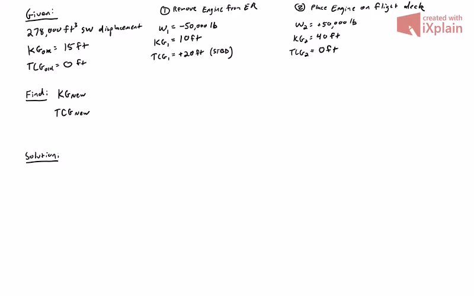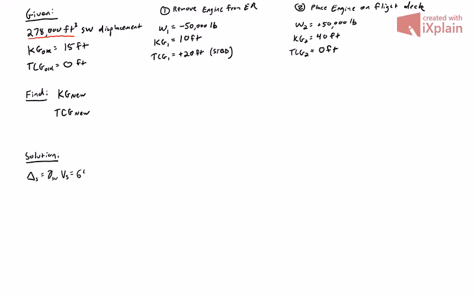So the first thing we have to do is we're given the displacement of the ship as 278,000 cubic feet of seawater. Well, the engine weight is in pounds, so we need to get the displacement of the ship in pounds as well. So going back to Archimedes' principle, displacement is equal to the specific weight of the fluid, which in this case is seawater, times the volume of that fluid that's displaced.